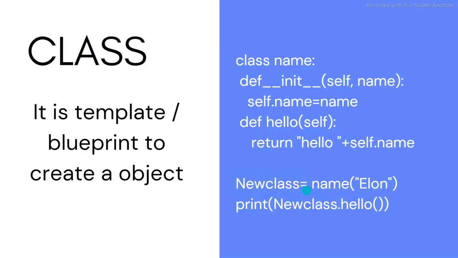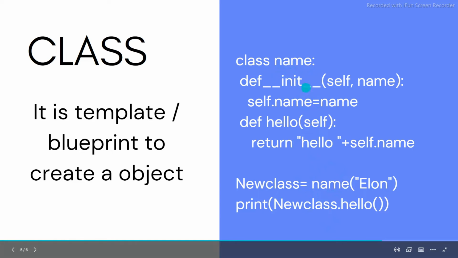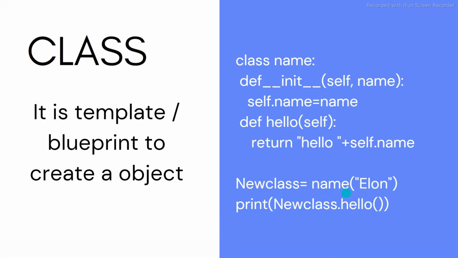You can take anything, xyz, anything, and we are going to initialize it with the class name. Here we have taken the class name as name. You can take anything. Here I took name, therefore I am calling this name with a string. This string is constructed here using the define init function. This alone is passed through here.